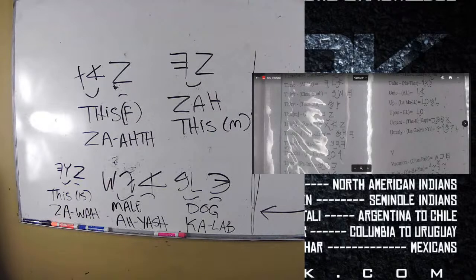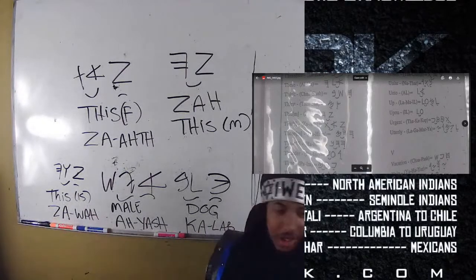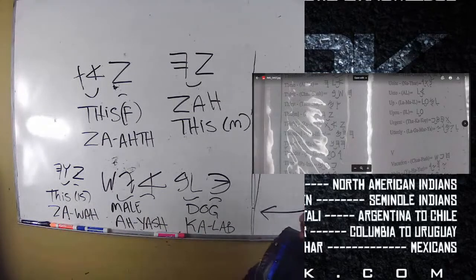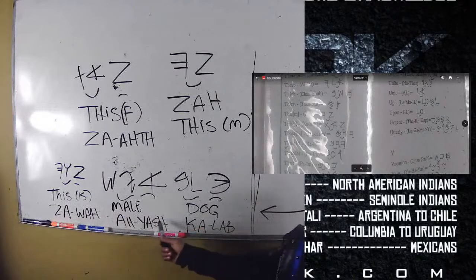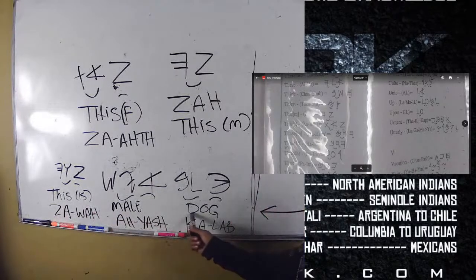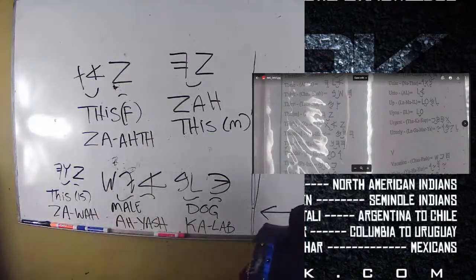This is a perfect example. This is how you know English is backwards, and Esau turned everything upside down. In Hebrew, how do you say this is a male dog? Kalab Ayash Zawab. In English, how do you say this is a male dog? You start from the back and go to the front. This is a male dog. But in Hebrew, it's dog male, this is.